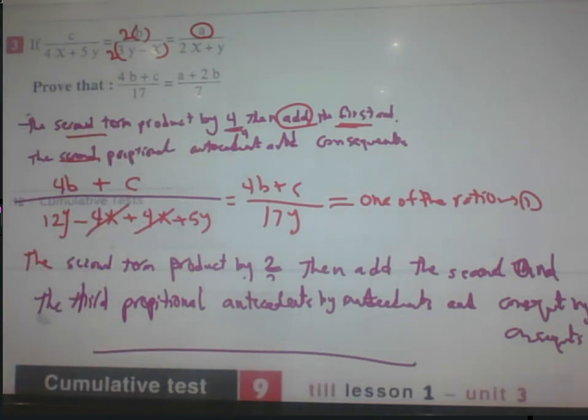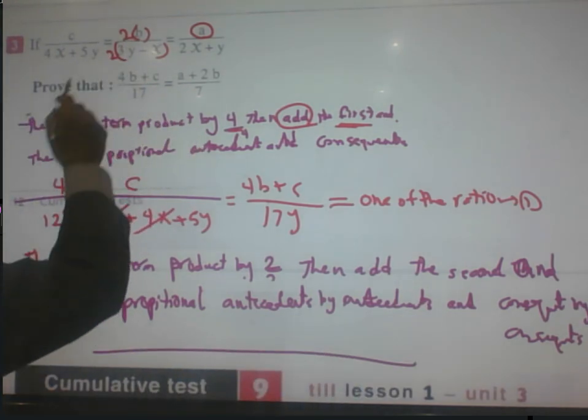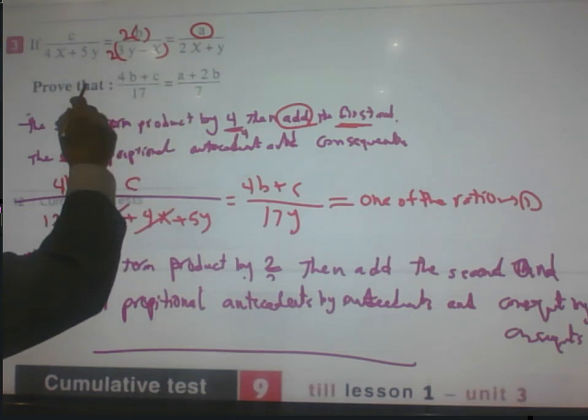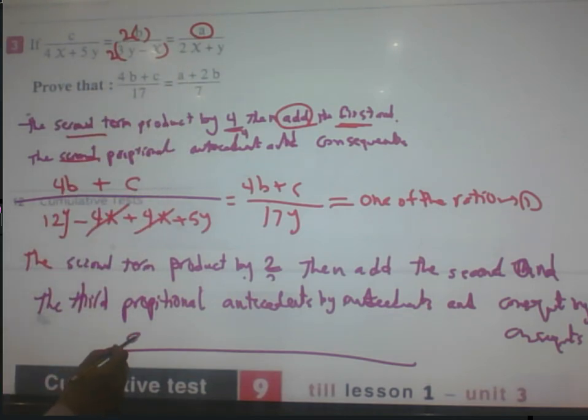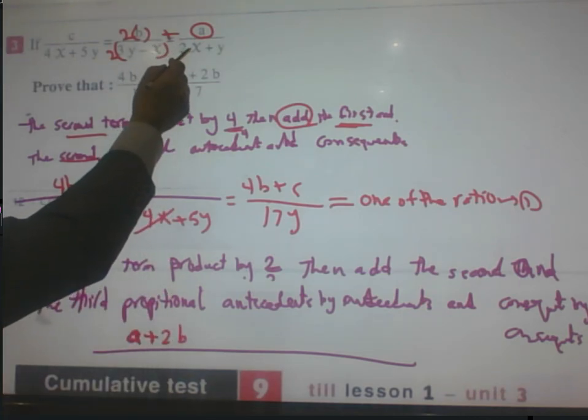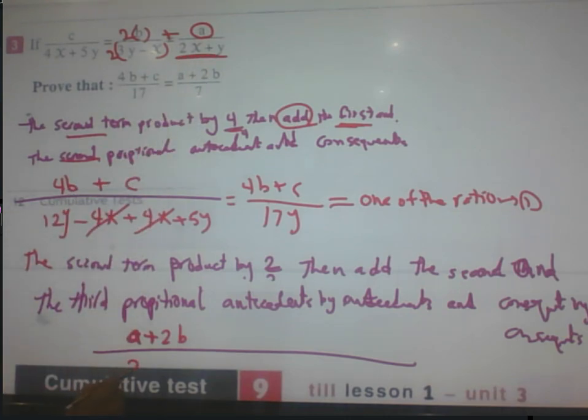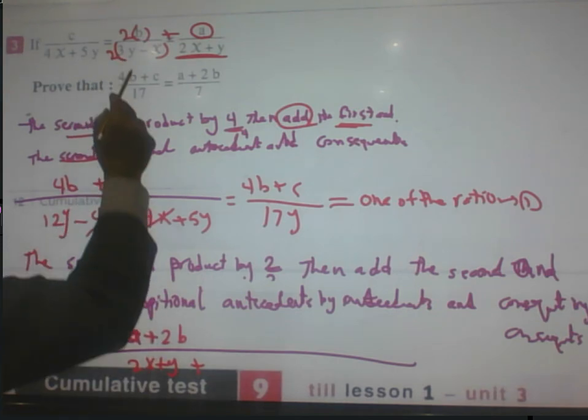You can write the steps with me. Look at here, 2 times b. We want 2b, right? 2b here, and a first, write a plus 2b, and down 2x plus y here plus 2 times 3 equals 6, 6y.